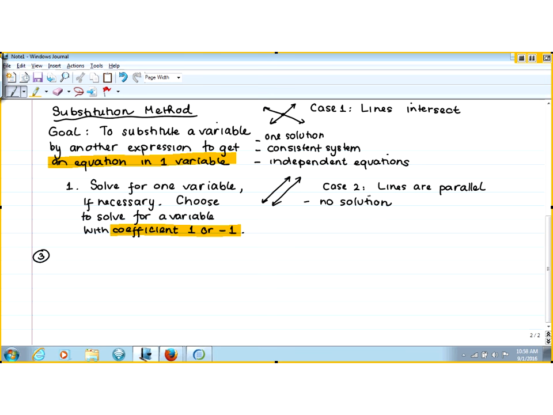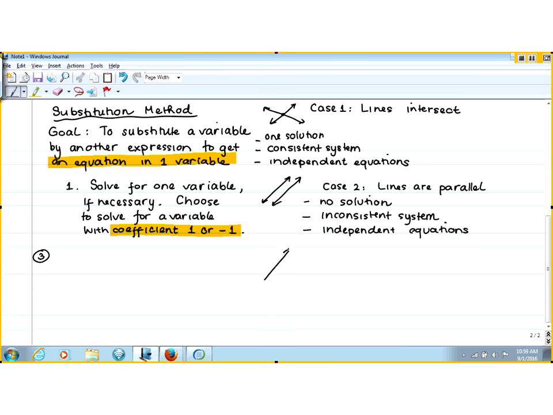And what about the system? Do we call it consistent or inconsistent? Inconsistent. Why is it inconsistent? Well, there's no solution. They're not consistent, they're contradictory. How about the equations? Dependent or independent? Independent. Why do you call it independent? You have 2 different graphs. Yes. All right.